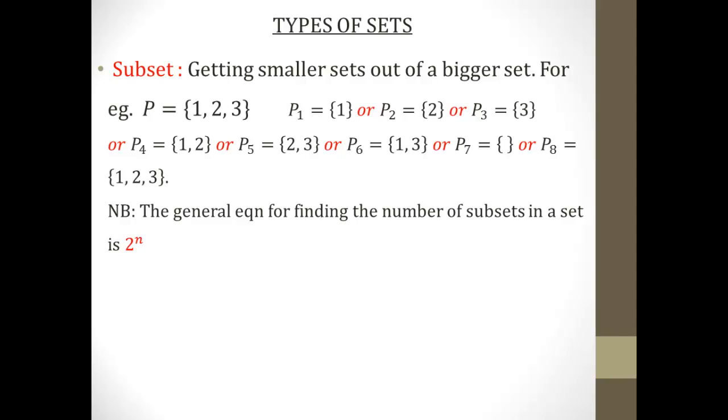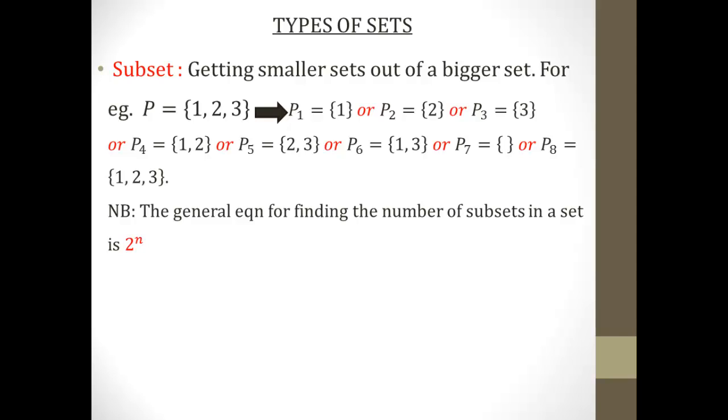So we continue with the types of sets. We have the subset. Subset can be dealt with in two ways. The first one is getting smaller sets out of a bigger set. When you have this example, P equals {1, 2, 3}, how many subsets can we find out of P?